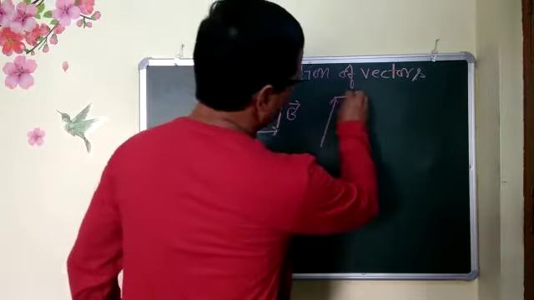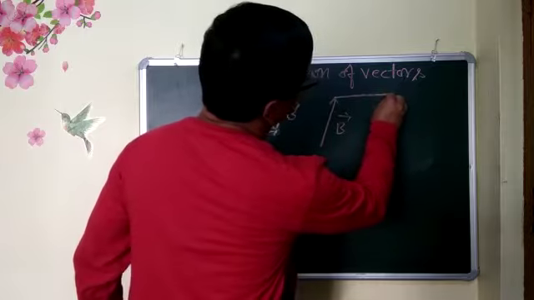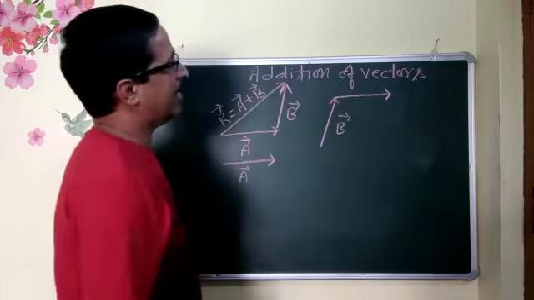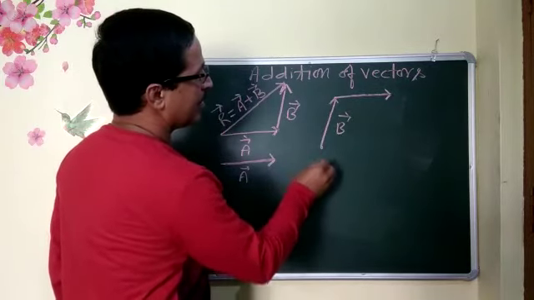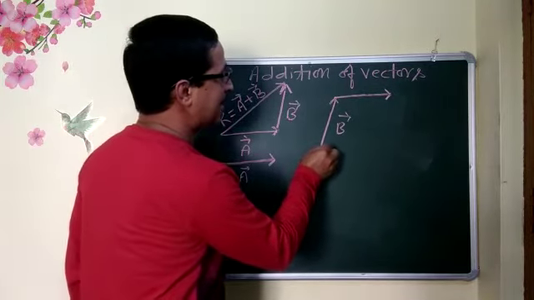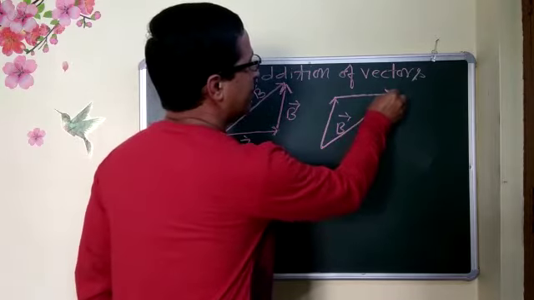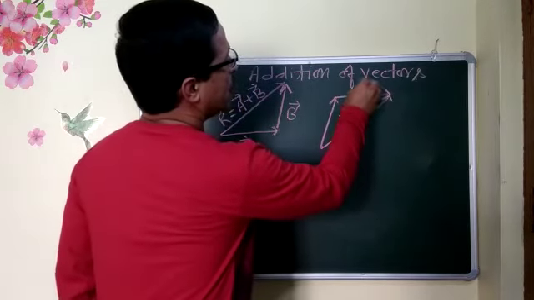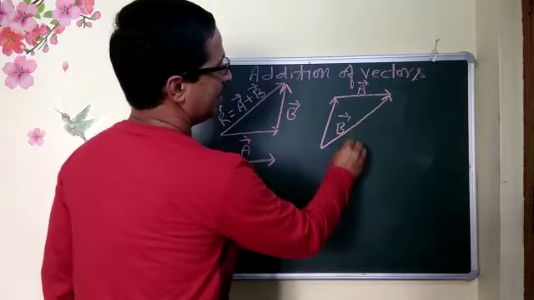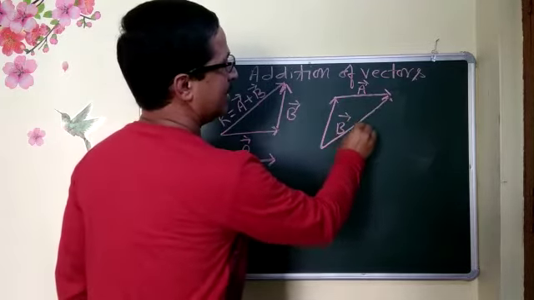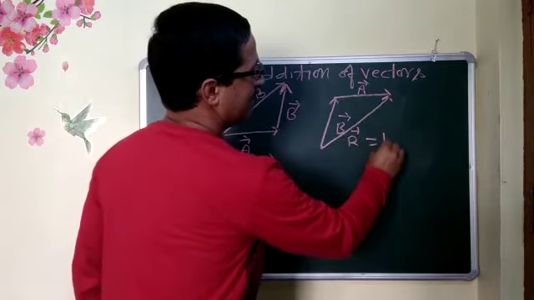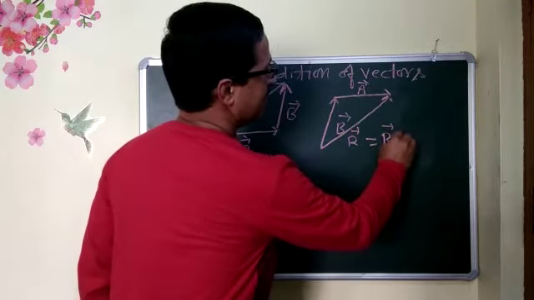Then this will be the case. And now the resultant will be obtained by connecting the tail of B with the head of A, and this line segment will give the resultant vector R equal to B plus A.